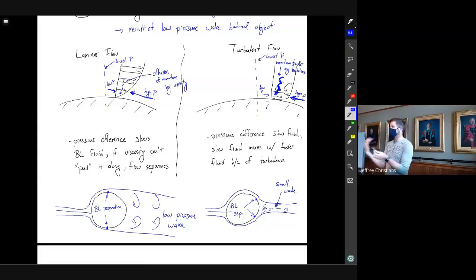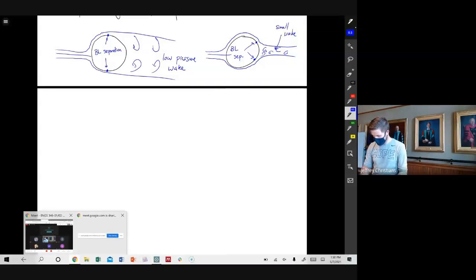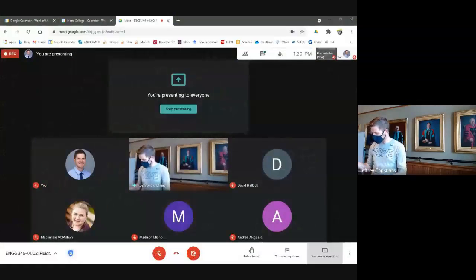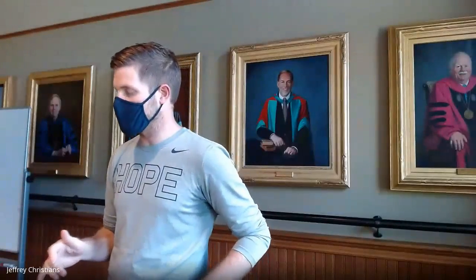But that didn't matter too much. So we dropped the overall drag because we got a smaller wake, and that means we have a smaller pressure drag. So if we look at this video that we watched some time ago now, we'll watch little bits and pieces of that and try to use this framework of the pressure drag and the wake of the object to understand a little bit what's going on.